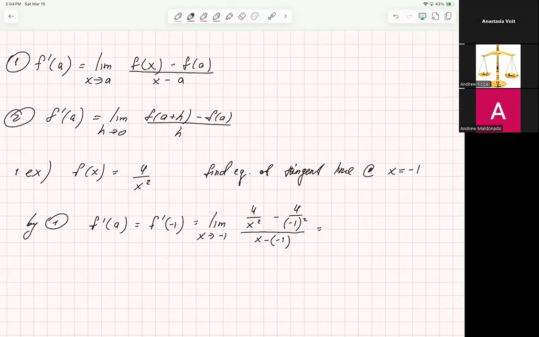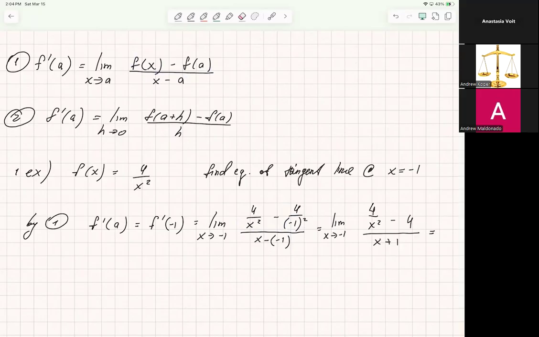So in this case, we would have the limit as x approaches -1 of 4 over x squared minus, so this -1 squared becomes just 1, so we have -4, and we divide it by x plus 1.